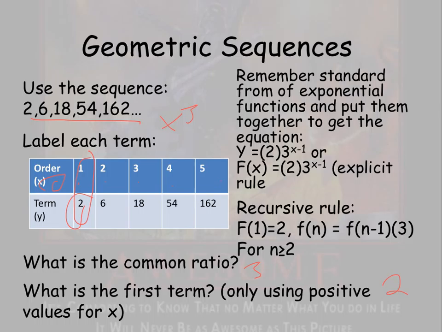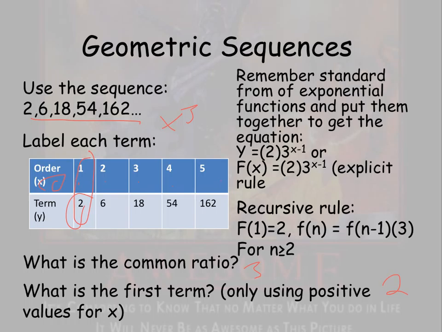The reason why is because if you remember the standard form from exponential functions, where we had a b to the x power, we can put them together to get our equation. So we have y, or f of x, is equal to this 2 right there. That is the first term. We used it before as the y-intercept.